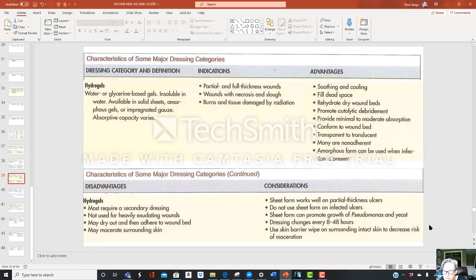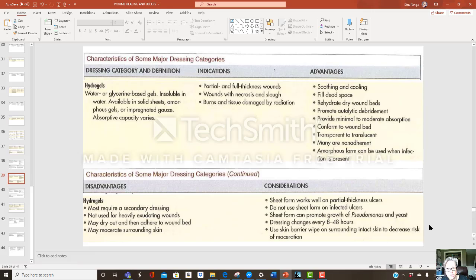Amorphous form can be used when infection is present. Disadvantages: most require a secondary dressing, not used for heavily exudating wounds, may dry out and then adhere to wound bed, may macerate surrounding skin.